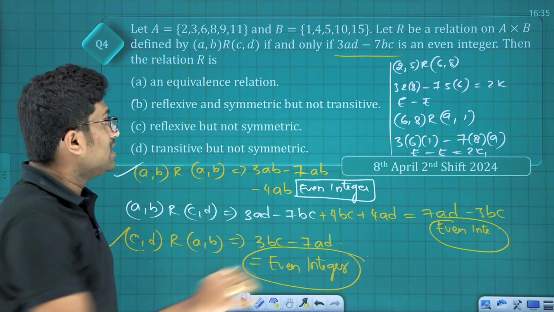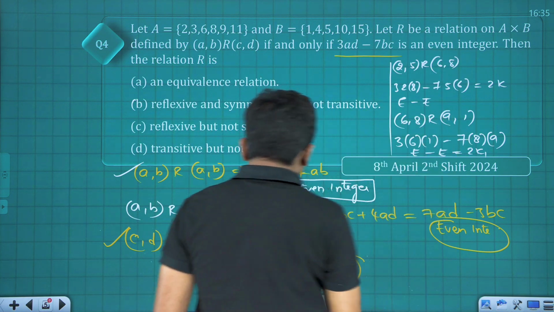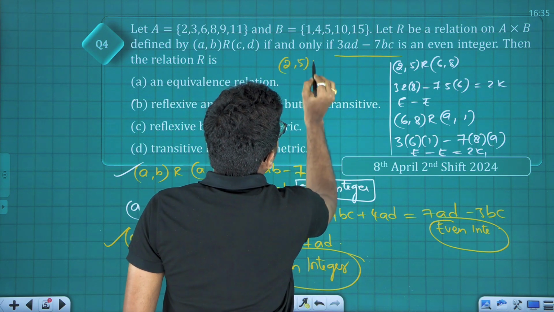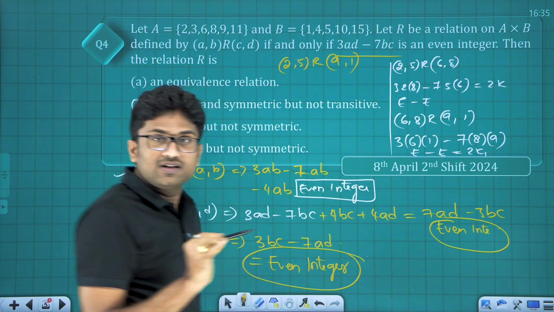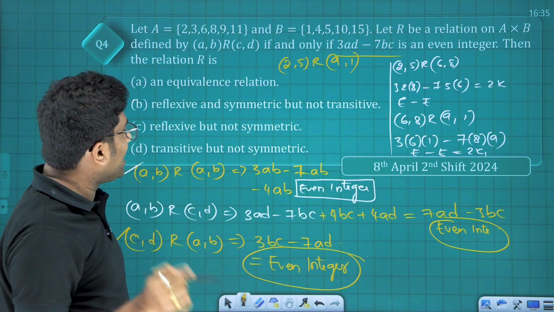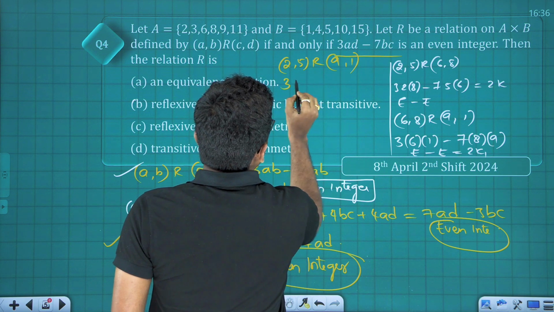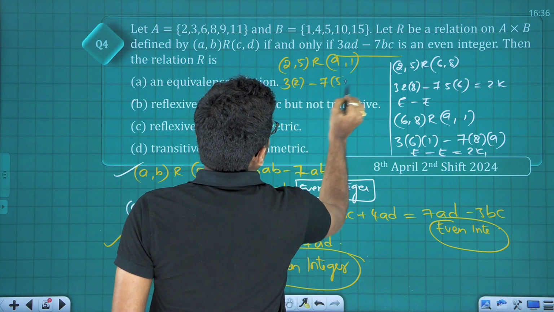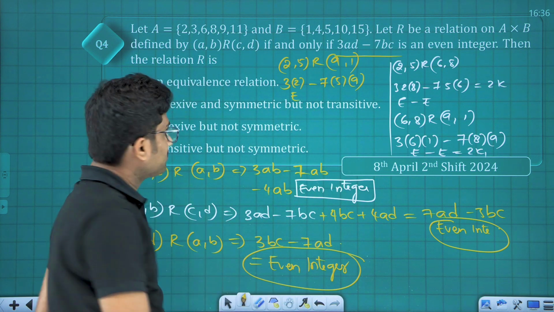So that means (2, 5) is related to (6, 8), and (6, 8) is related to (9, 1). So for it to be transitive, what should happen? (2, 5) should relate to (9, 1). So that becomes 3 times AD, 3 into 2, minus 7 times 5 into 9. Friends, clearly 3 twos are 6, which is even.